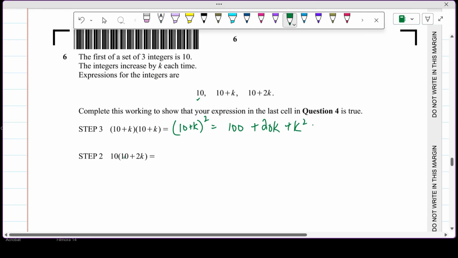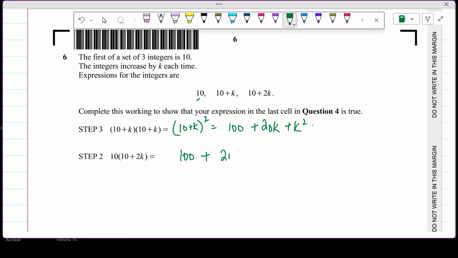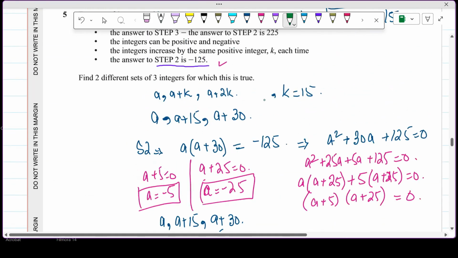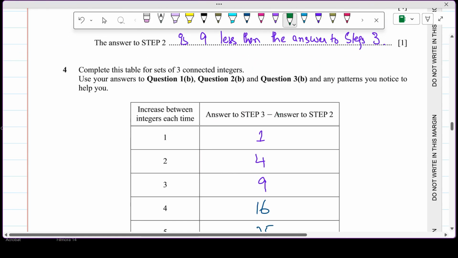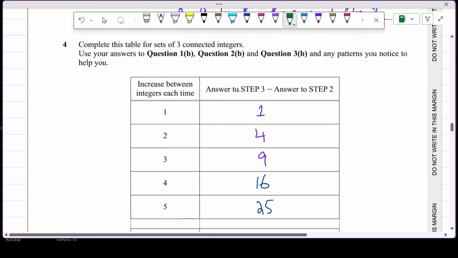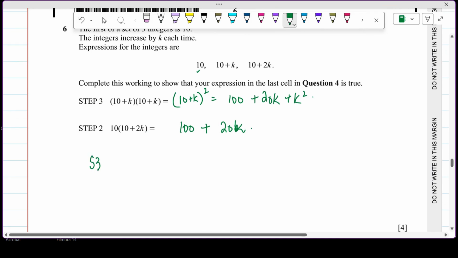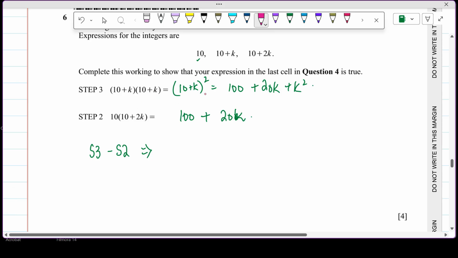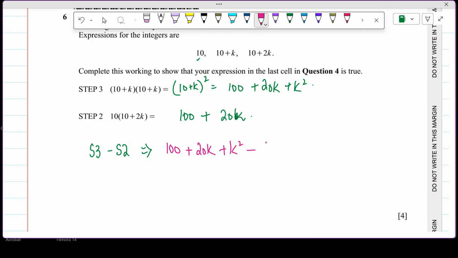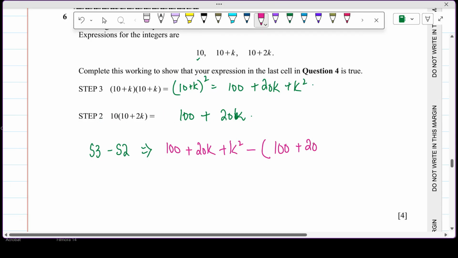Now step 2, which is the multiplication of the first and the last integer. So 10 times 10 is 100, plus 10 times 2k is 20k. And we know that we use the difference of the answers to step 2 and step 3, meaning the answer to step 3 minus the answer to step 2. So step 3 minus step 2 equals the answer to step 3 we just calculated, which is 100 plus 20k plus k squared, minus the answer to step 2, which is 100 plus 20k.